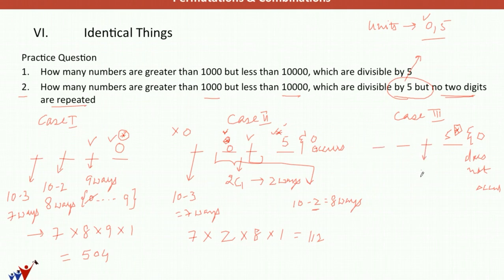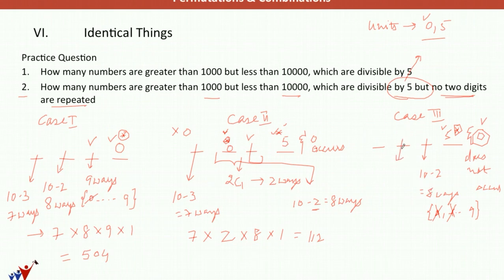This place can be filled up in 10 minus 2, 8 ways. Now this 8 is because 5 has already been taken up in this units place and 0 will definitely not occur. So out of a total of 10 digits, 0 till 9, I cannot take 0, and similarly I cannot take this number 5. So only 8 are left since there is no repetition allowed.